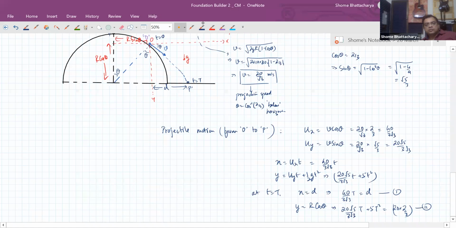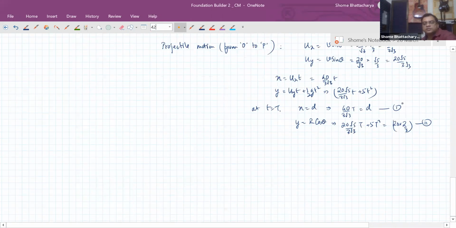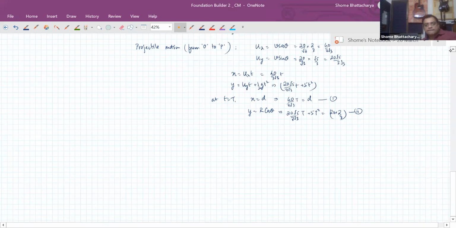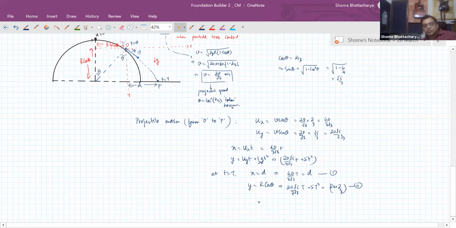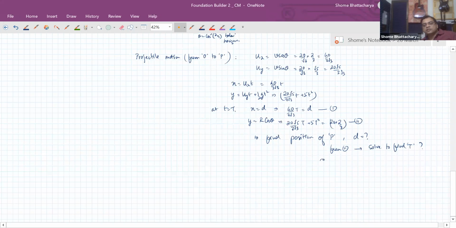So now this is how we have to solve for that distance d, so that we can find the position of that point P. To find the position of the point P, we need to find that distance d. So from equation 2, we'll solve to find capital T, and then substitute that in equation 1.